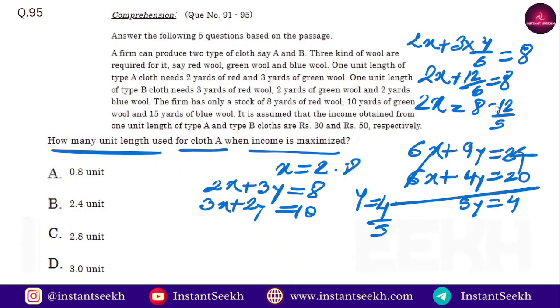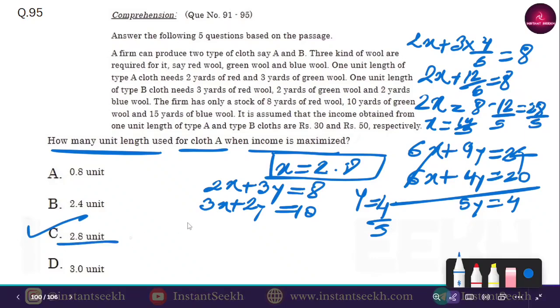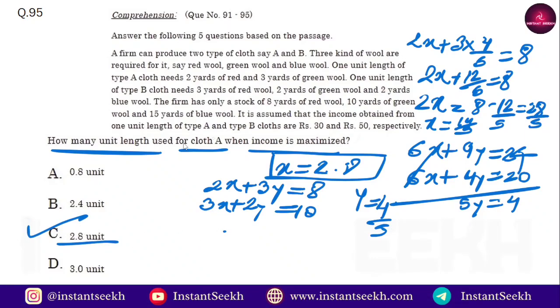Okay, 5 8s are 40. 40 minus 12 gives you 28. So this becomes 28 by 5. If you divide both sides by 2, you will get 14 by 5. And when you divide 14 by 5, you will get x equal to 2.8, which is option C, your correct answer. That is how many length units will be used for cloth A. Okay, let's move on to the next.